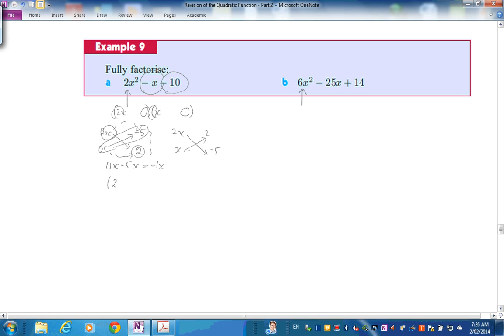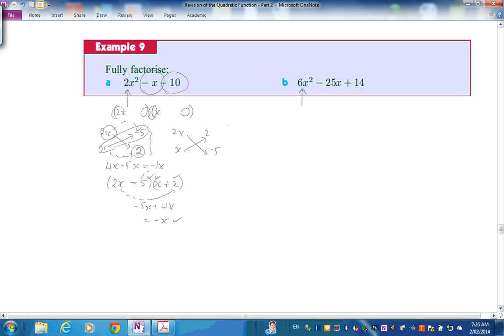So here we're going to have 2x, take 5, and x plus 2. -5 and 2 to give the product down the end is -10. And then just checking these products. -5 by x is -5x, plus 4x gives us the -x in the middle, which checks. Okay, so watch out for that.